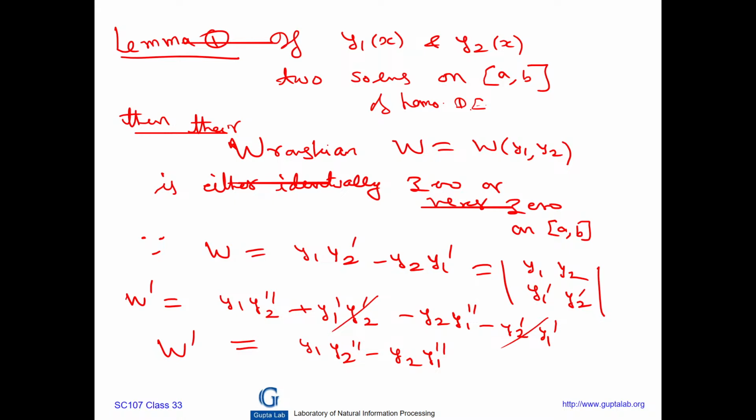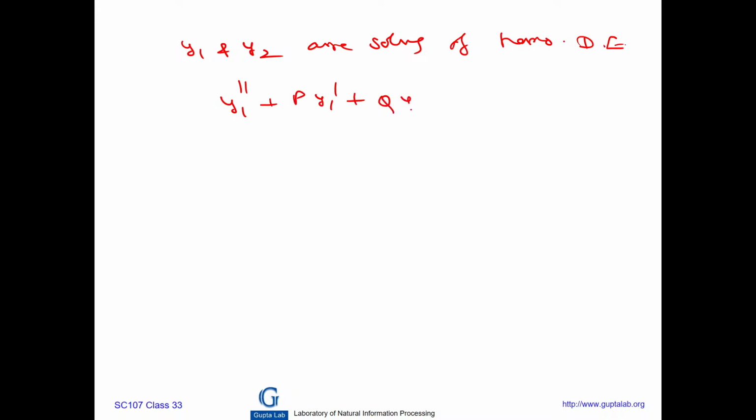Now both y1 and y2 are solutions of the homogeneous equation, so they satisfy the differential equation. Call the previous result equation 1. So we have y1 double prime plus p times y1 prime plus q times y1 equal to 0, because y1 is a solution of the homogeneous equation, and y2 double prime plus p times y2 prime plus q y2 equal to 0.